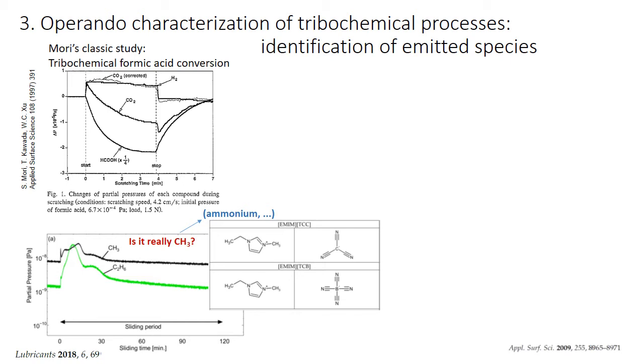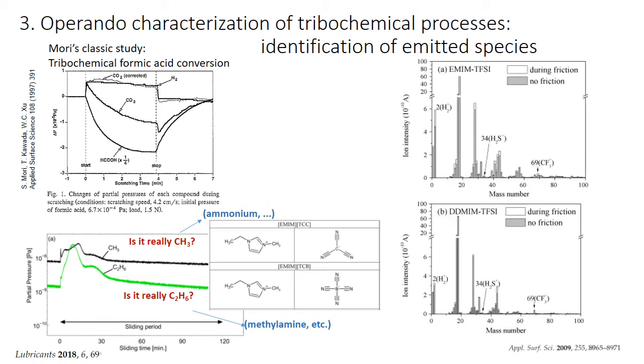The same situation arises with ethane emission, which is easily assigned to mass-to-charge ratio 26 or 28 of the mass spectrometer, but this can also be an ion coming from methylamine or some other compounds. So this simplistic approach can lead to a significant error.